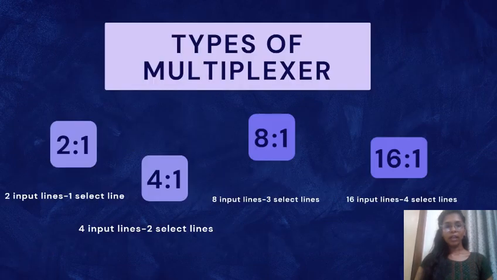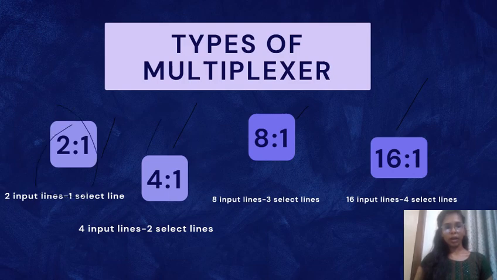Coming to the types of multiplexer, there are 2:1 mux, 4:1 mux, 8:1 mux, and 16:1 mux. 2 means here 2 inputs and 1 means 1 output, and it has 1 select line.